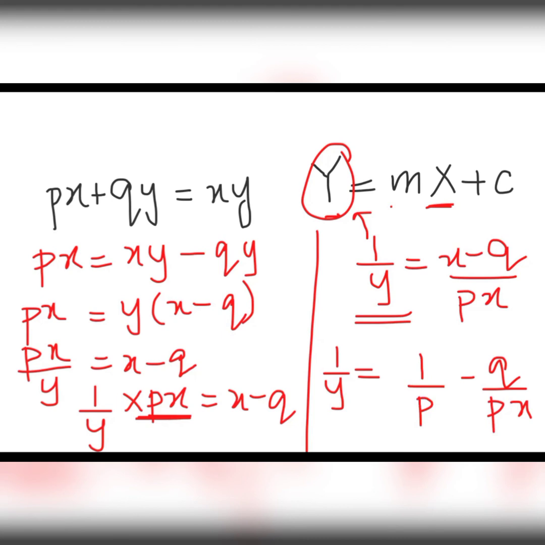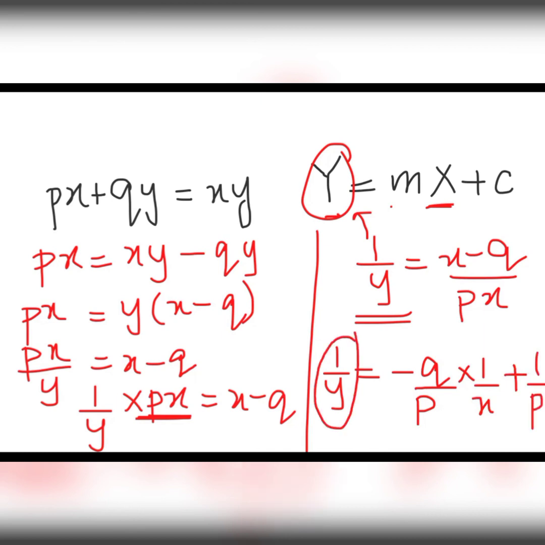And if we rearrange these terms, it is negative q upon p times 1 upon x plus 1 upon p. So capital Y is 1 upon y, m, the gradient, is negative q upon p, capital X is 1 upon x, and c is 1 upon p. And in this manner, we have this as well in the form Y is equal to mX plus c. So we're done.